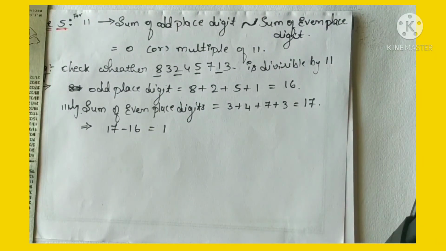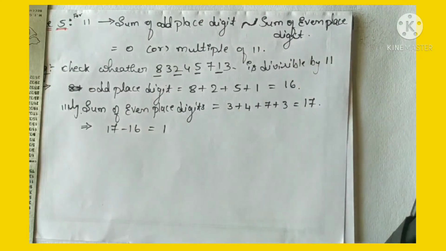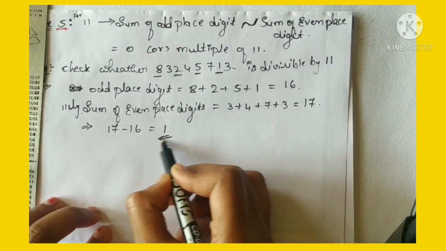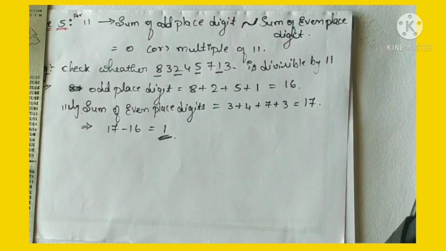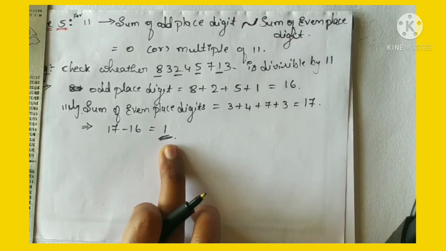If we get the answer as 0 or a multiple of 11, then the number is completely divisible by 11. But here we get 1. This 1 is not a multiple of 11 and is not equal to 0.